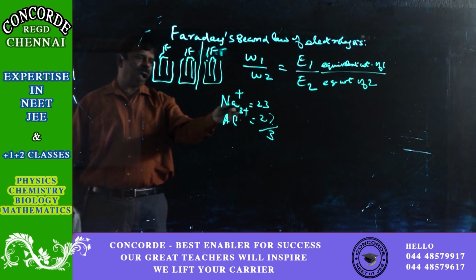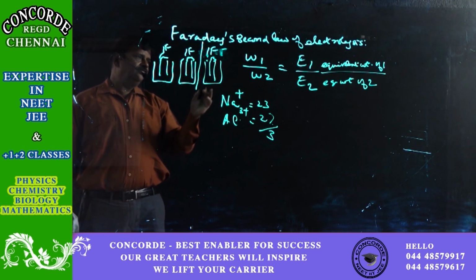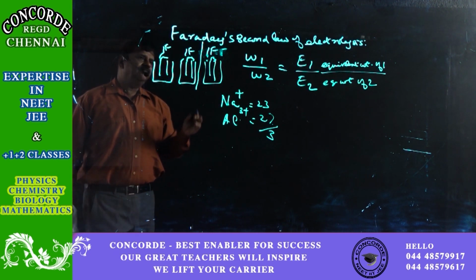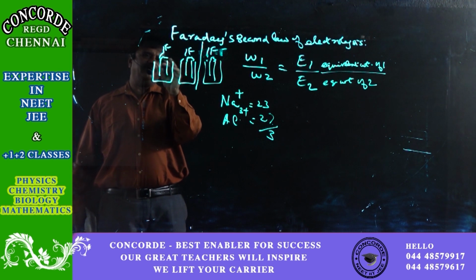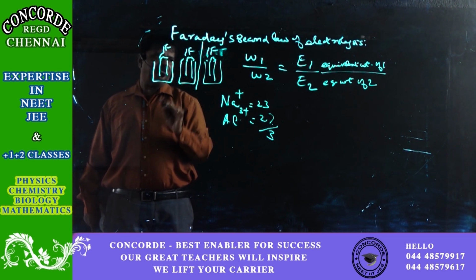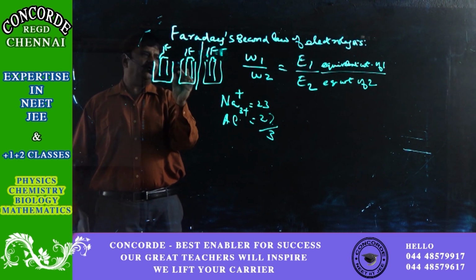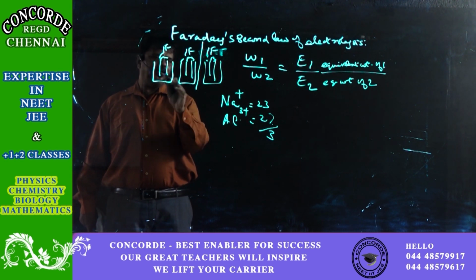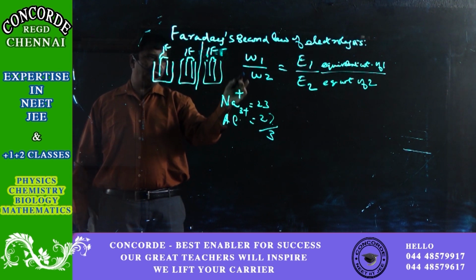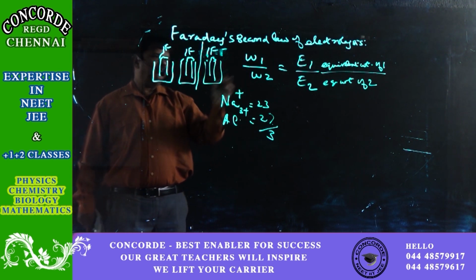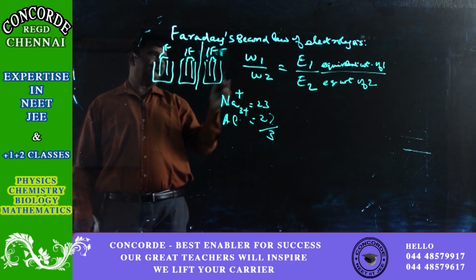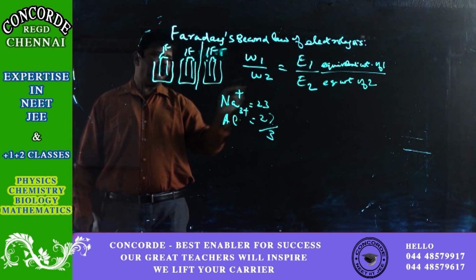You would have studied this in your earlier classes. So as per Faraday's second law of electrolysis, if the same quantity of current is passed through different electrolytic solutions, the weights of the substances deposited in the different cells, W1 by W2, are equal to the ratio of their equivalent weights, E1 by E2.